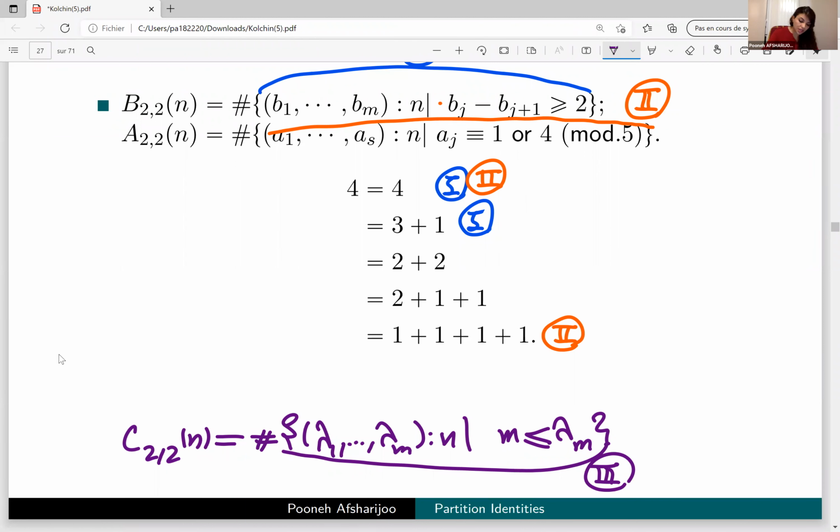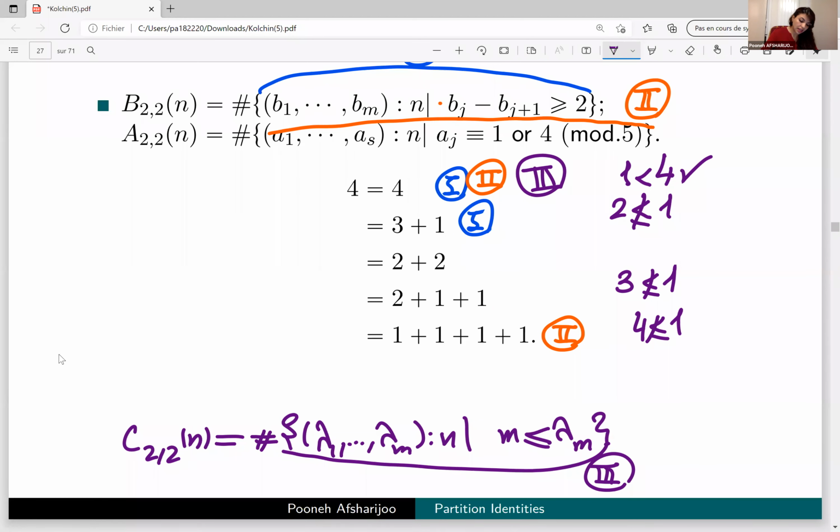In the first partition, the length of the partition is equal to 1, and its smallest part is 4, so it is a partition of type 3. In the second, fourth, and fifth one, the smallest part is equal to 1, which is not greater than or equal to the length, so they are not partitions of type 3.